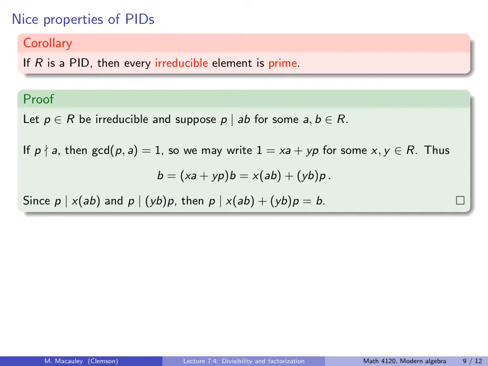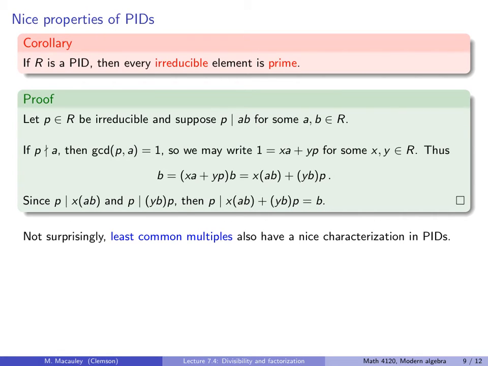So since P divides both of these terms, then P divides the sum, which is equal to B, and that's exactly what we wanted to prove: that if P divides A times B, and it doesn't divide A, then it has to divide B.